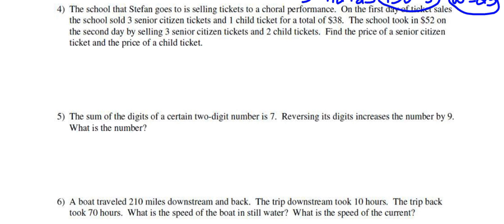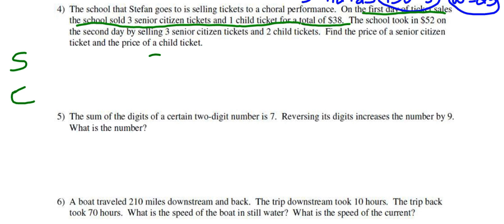So we're going to have to make two equations here. Now the first day, the school sold 3 senior citizen tickets and 1 child ticket for $38. Well, I'm going to let S be senior citizen ticket and C be child ticket.